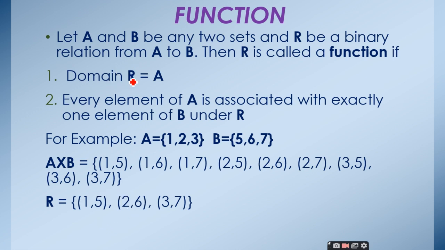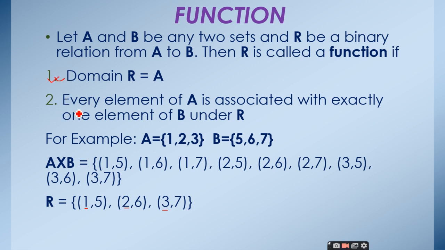According to the first condition, the domain of R is equal to A. The domain is the first element of the ordered pairs. So here we have 1, 2 and 3, and the elements of set A are also 1, 2 and 3. So the first condition is fulfilled.